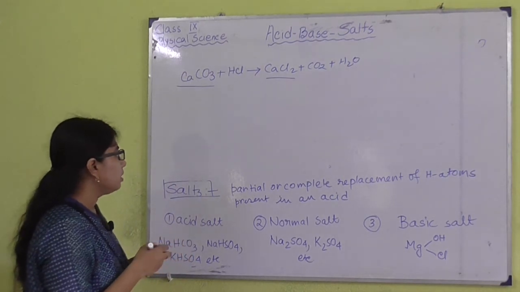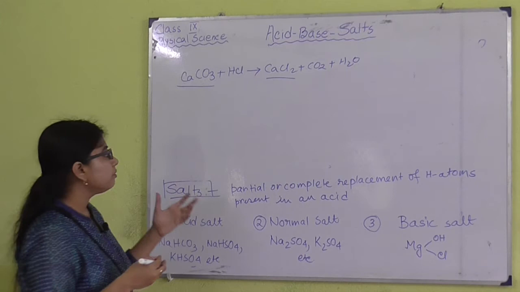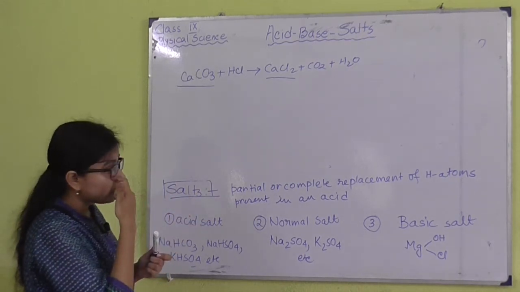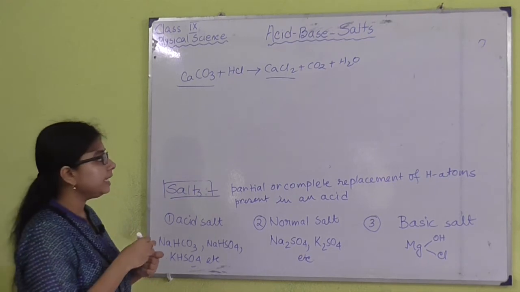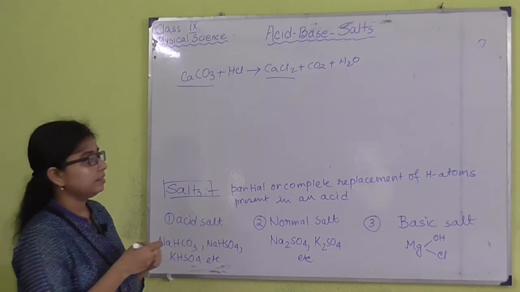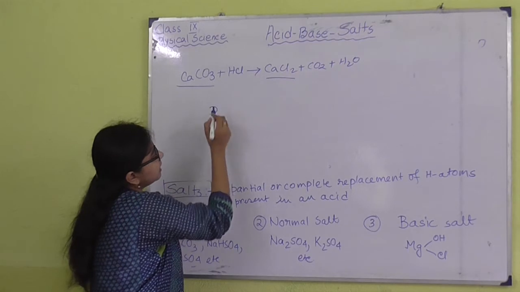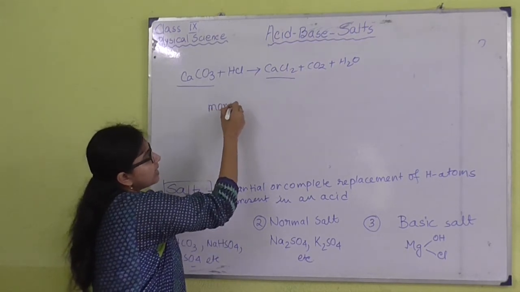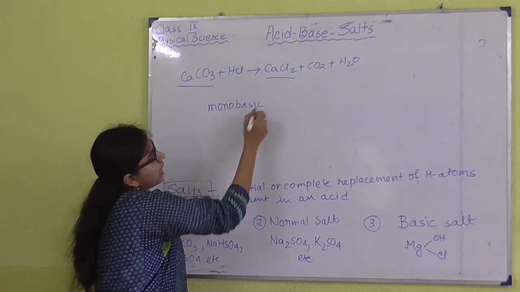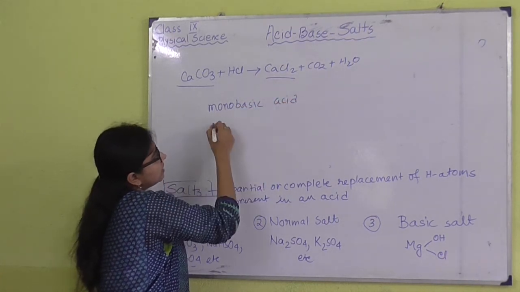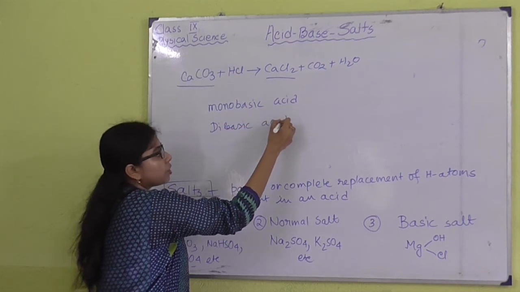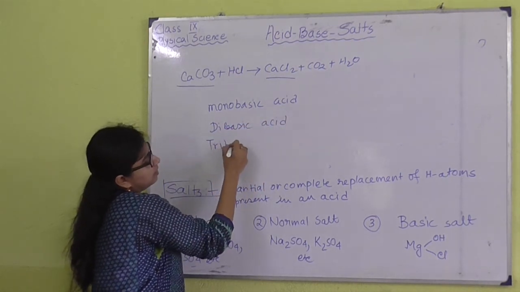add acid and base to produce a salt. But generally, the kind of salt we are discussing here, for the generation of that kind of salt, we need a dibasic acid. Okay, dibasic acid means actually we have monobasic acid, and we have also dibasic acid, and we have also tribasic acid.